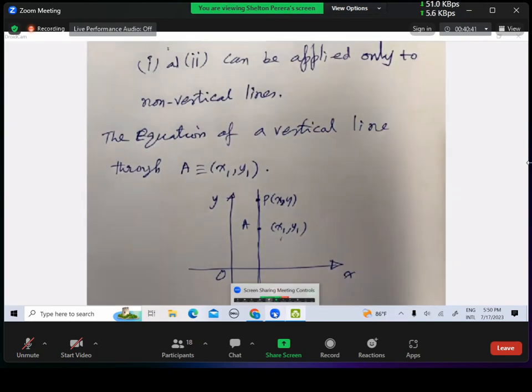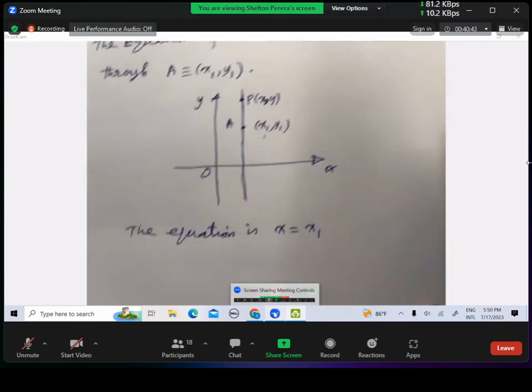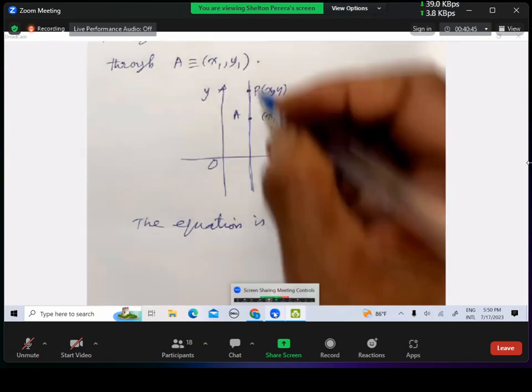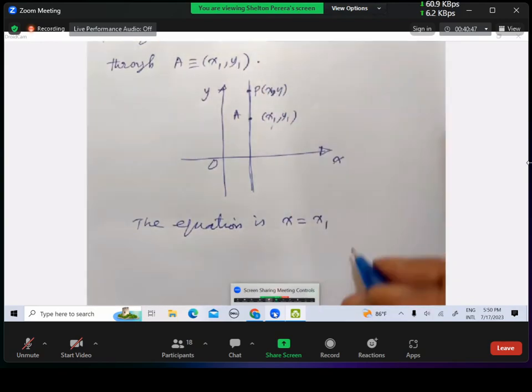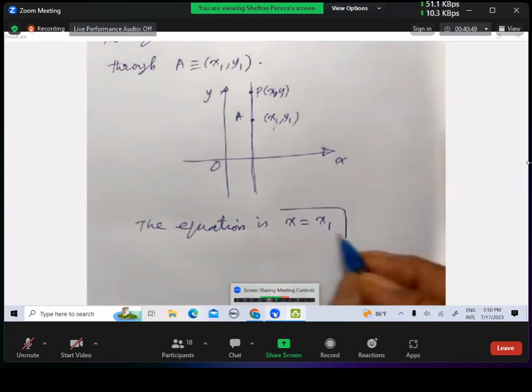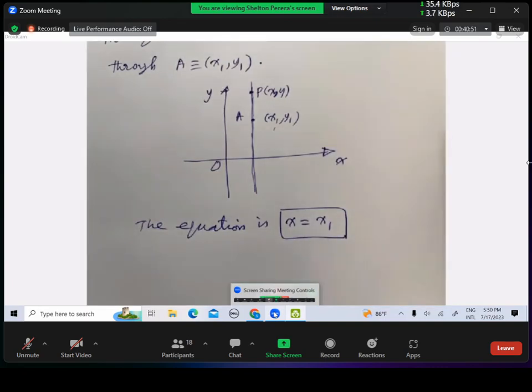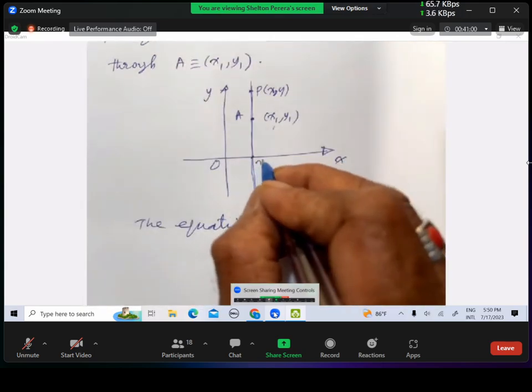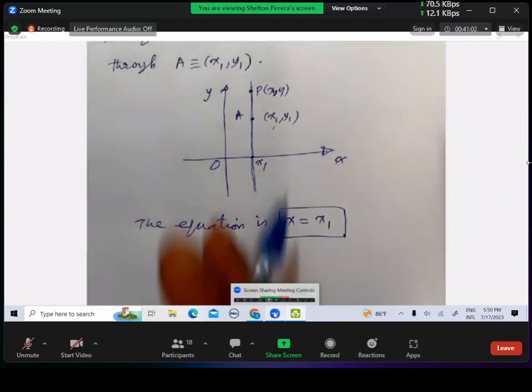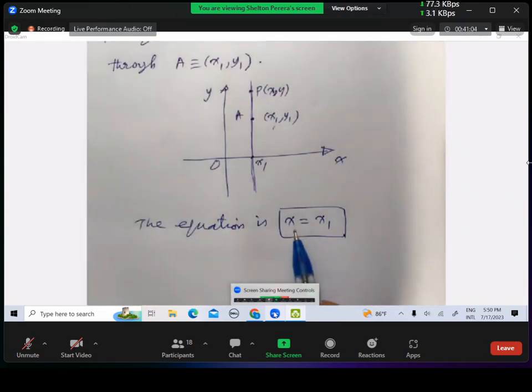Any point on this line satisfies this: the x coordinates are equal, and y could be anything. The x coordinate equals x1.